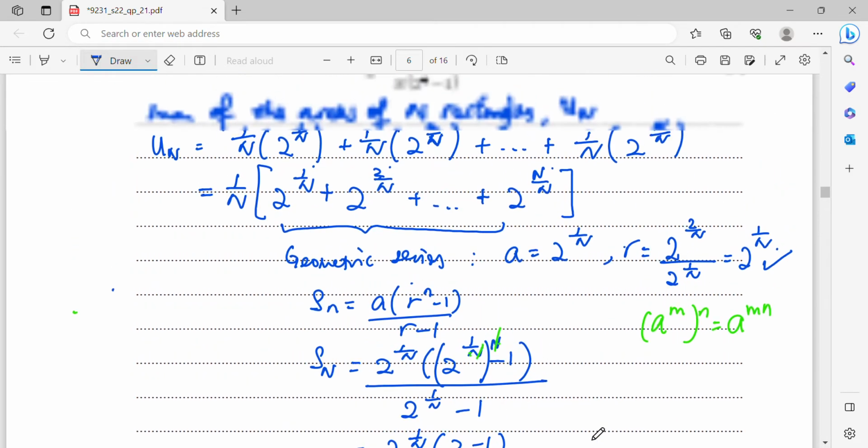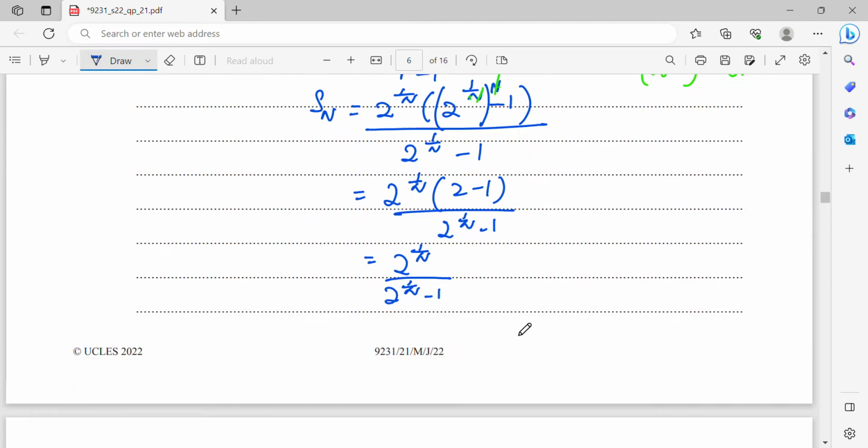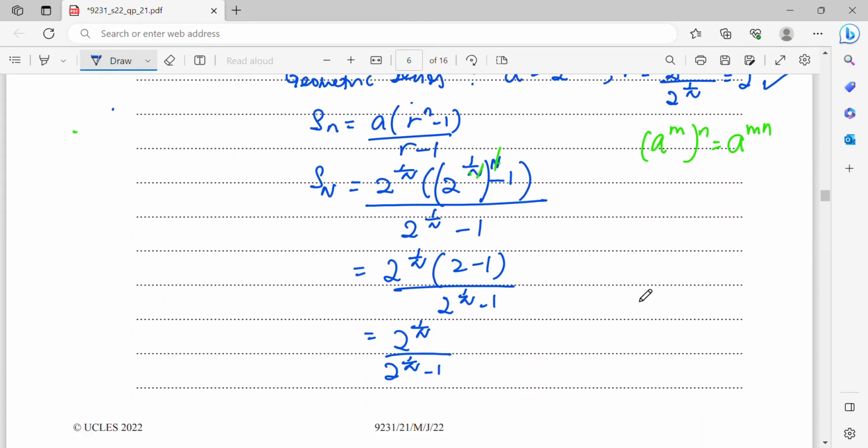This is my Sn. Sn means just this bracket. But don't forget your Un has 1 over n outside. So I continue here: my Un is 1 over n of my Sn.